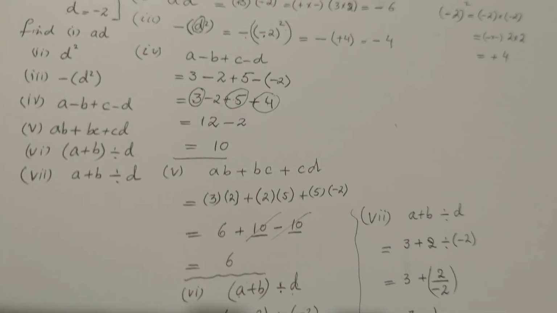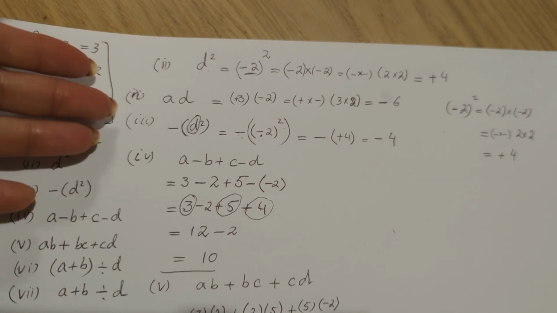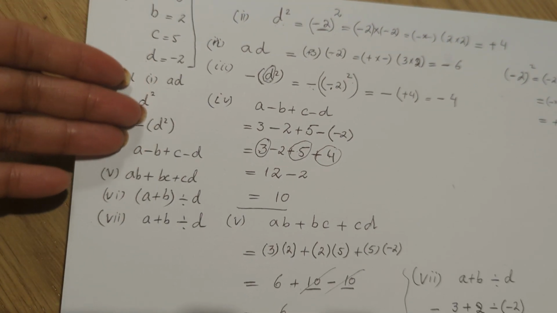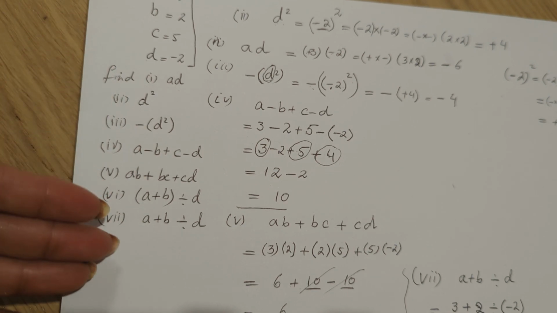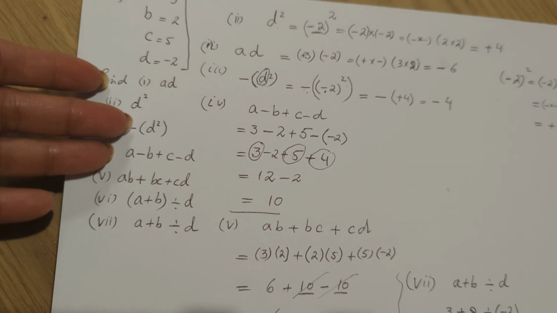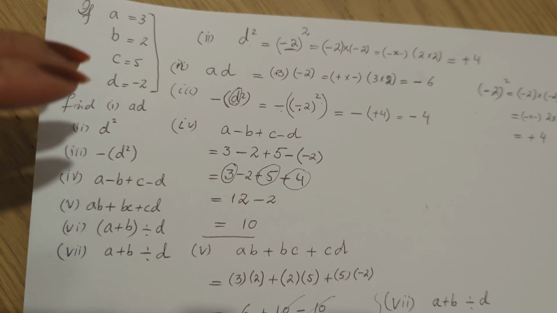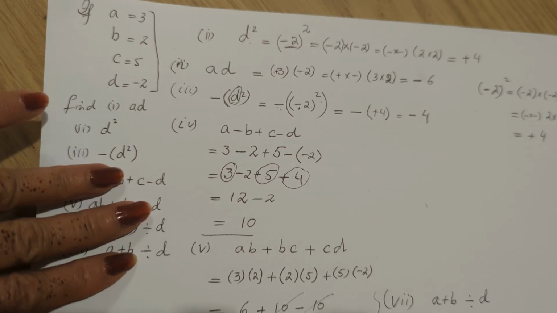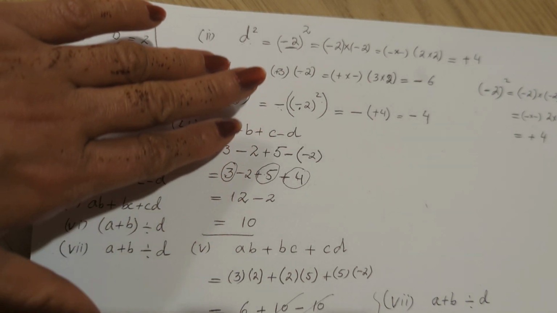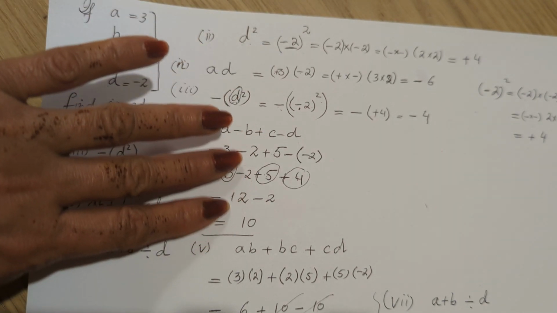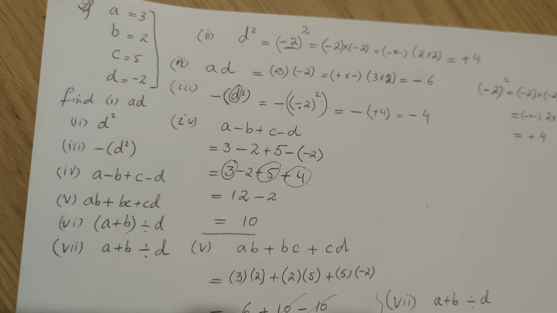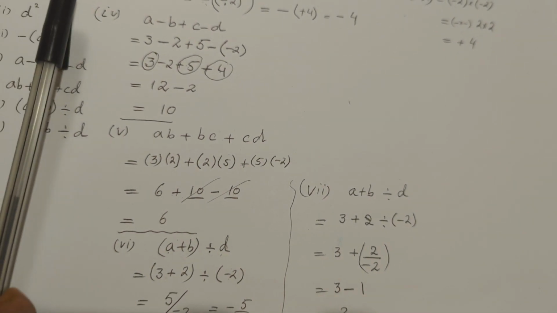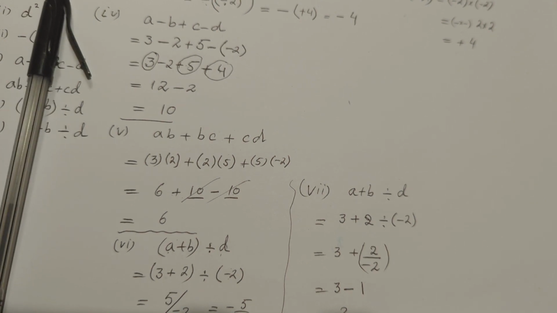Questions like that will give you values of a, b, c and d, and then they can say you have to solve or find the values of these expressions. So these are very simple. All the mathematical rules of addition, subtraction, division, or index rules will be applied here, and you can easily solve these questions. They are very simple. Hopefully you can understand these questions.